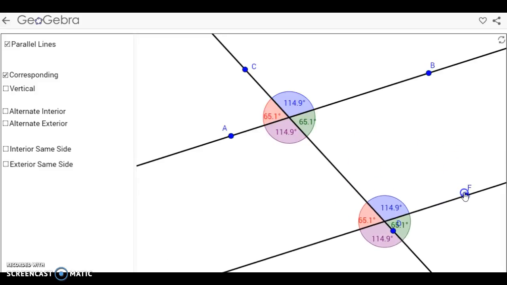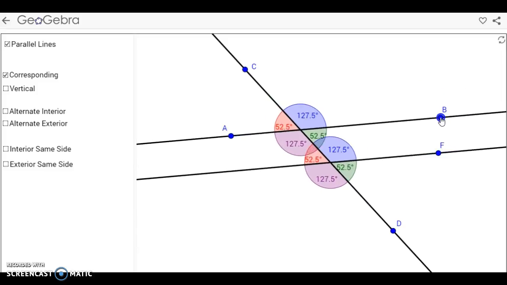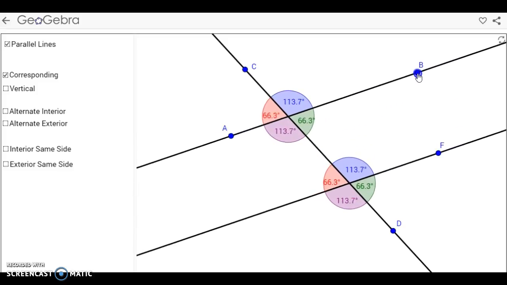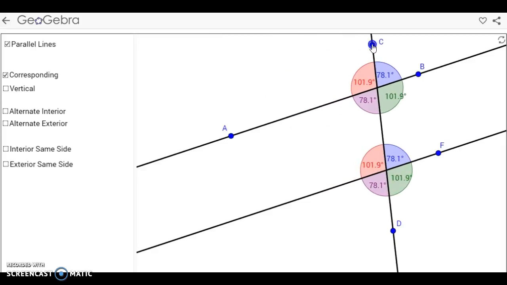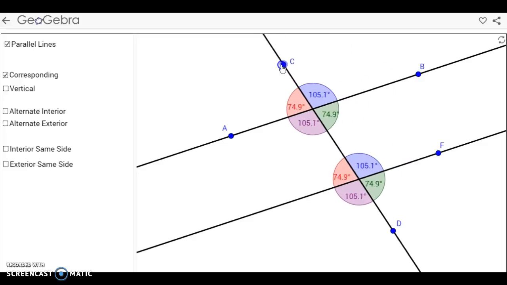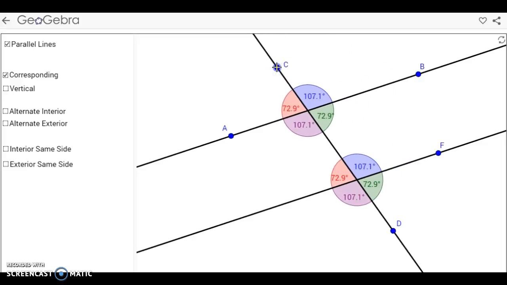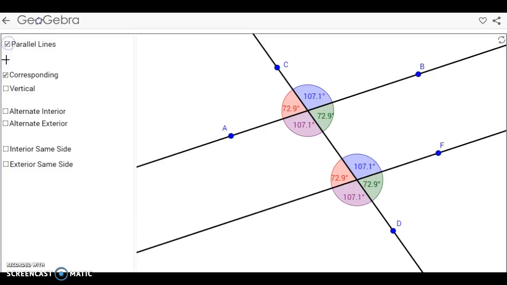No matter how I move it, I can move that point F, although that just moves the line, but if I move B anywhere, it doesn't change the relationship. And I can move that point C also. The corresponding angles are going to be congruent if the lines are parallel. If they're not, we can't necessarily make that conclusion. So again, if I unclick parallel, they're not the same.